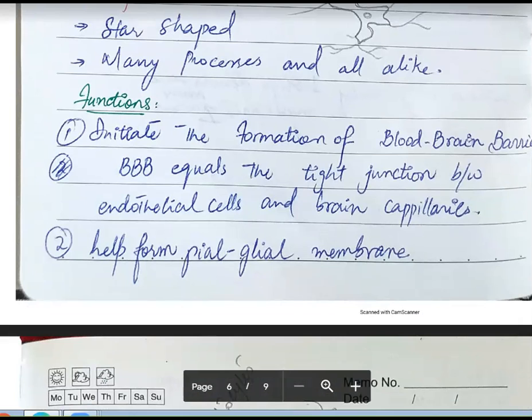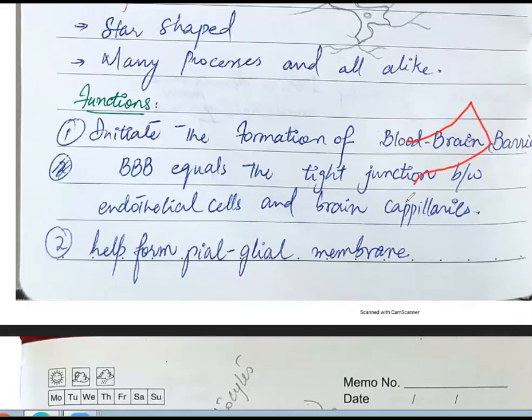They are present at the ventricles. We have the third ventricle, fourth ventricle, and we have the choroid plexus present inside. So they line at that particular level, making the blood CSF barrier.